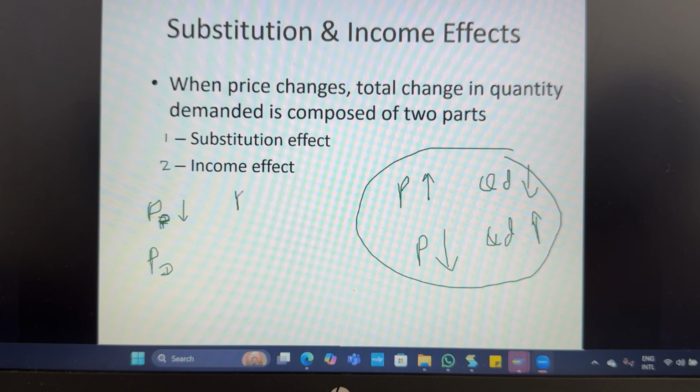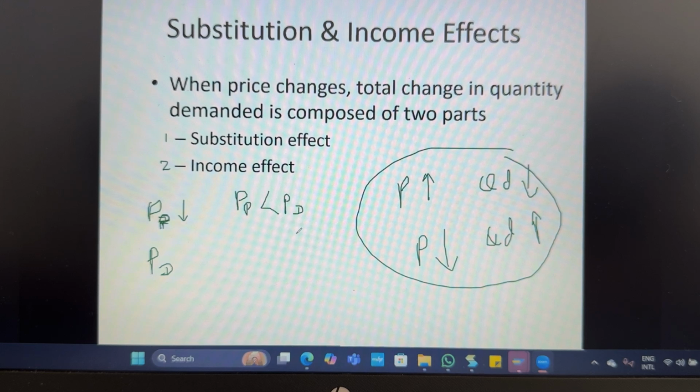So for example, the price of pizza is now relatively lower than the price of Domino's pizza. What will happen to the demand for pizza? Increase. Okay.